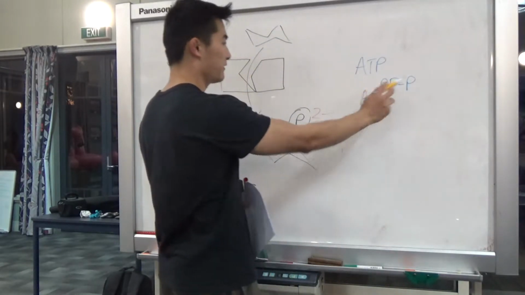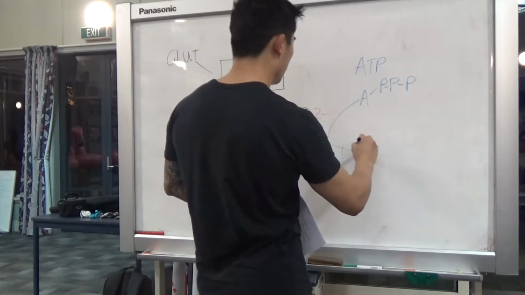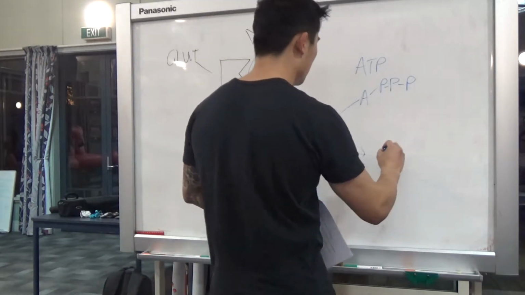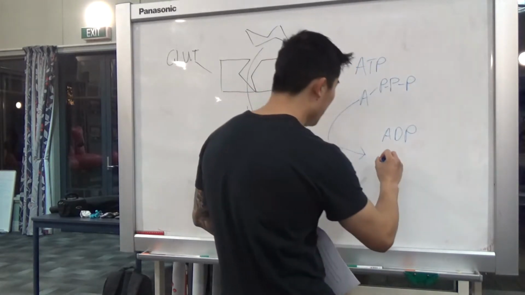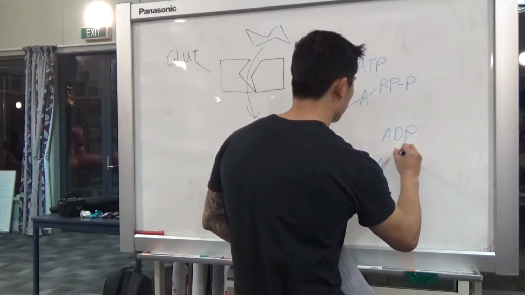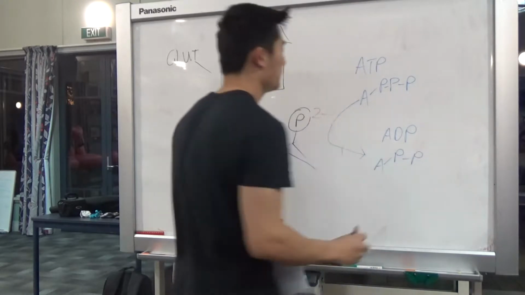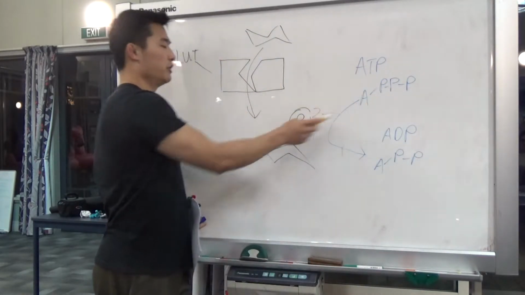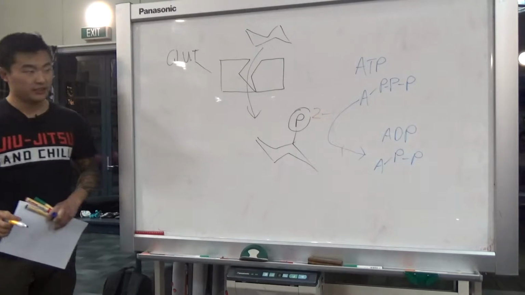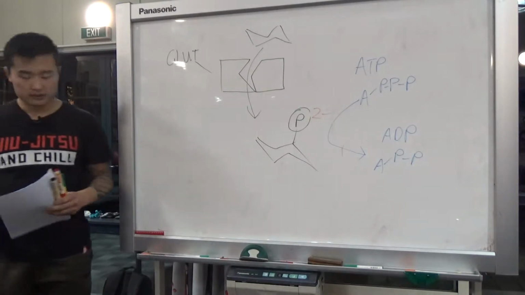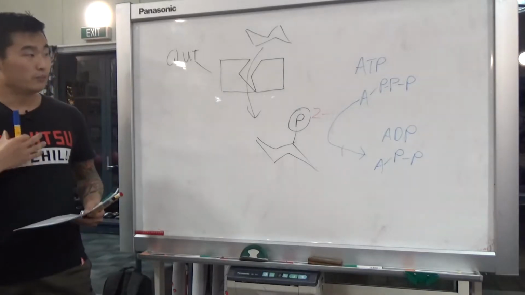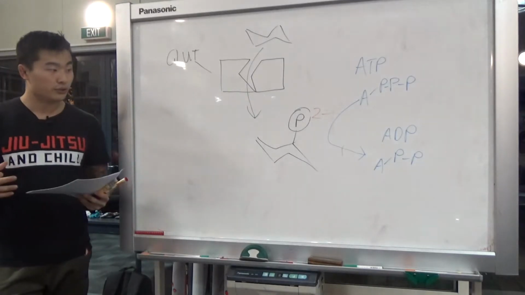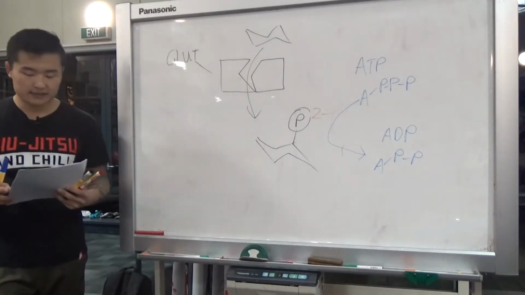You can see there are 3 phosphate groups, and it gets converted into ADP, or adenosine diphosphate. That phosphate group has been put onto the glucose molecule. So it's an investment step: you've got to put in ATP to get ATP out.